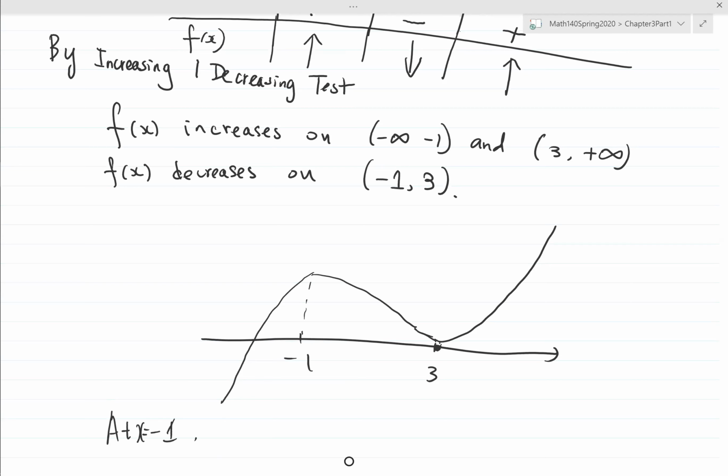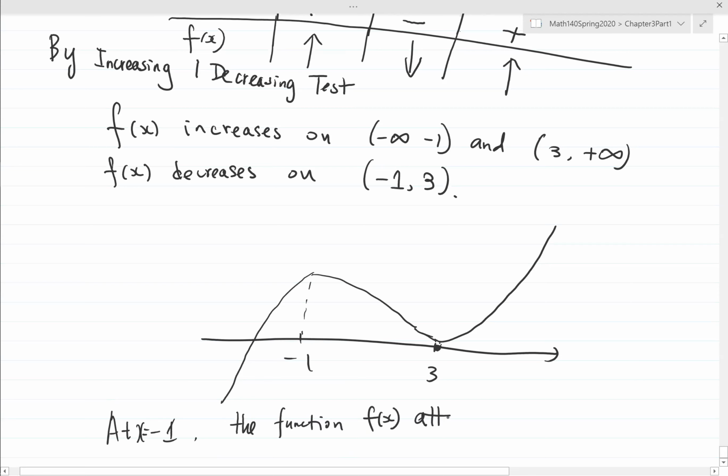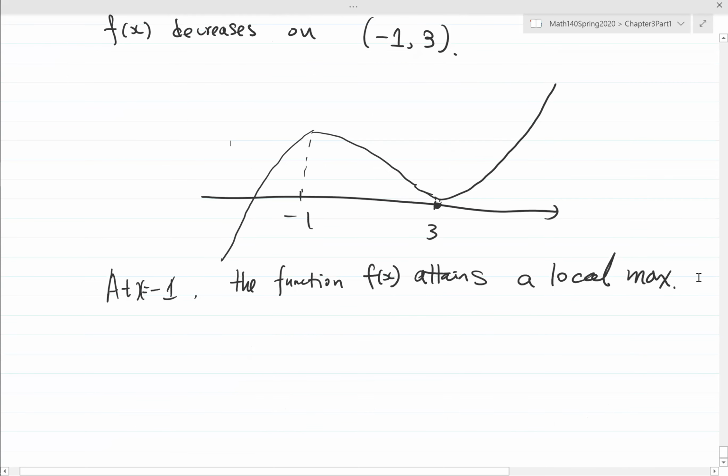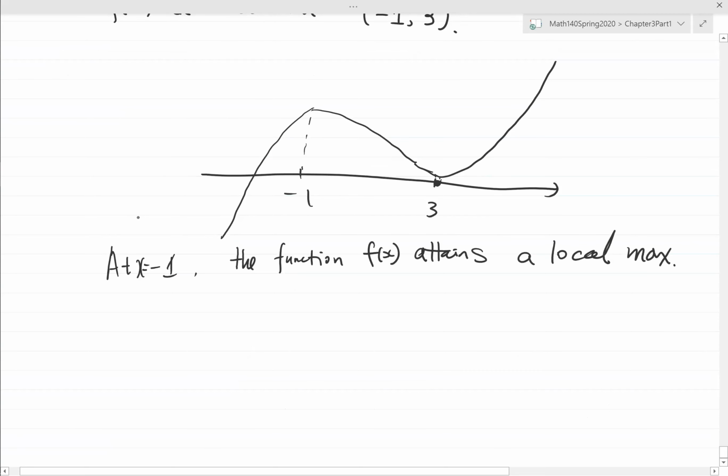Then f(x) attains a local maximum at x equals negative 1. At x equals 3, f(x) attains a local minimum.